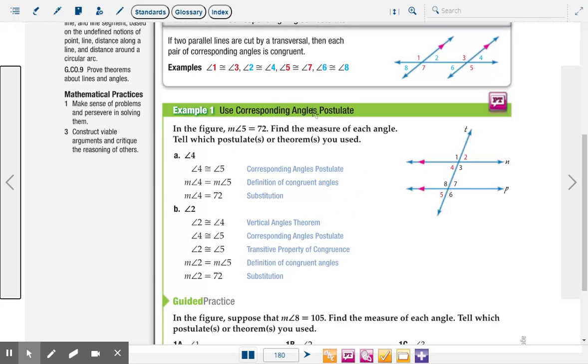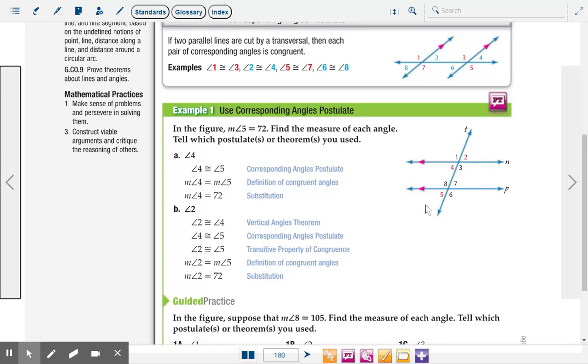Again, using corresponding angles postulate, back to corresponding angles. So it says in this figure, if the measure of angle 5, that's down here, is 72 degrees, find the measure of, first of all, angle 4. Well, 5 and 4, sure enough, they're corresponding.